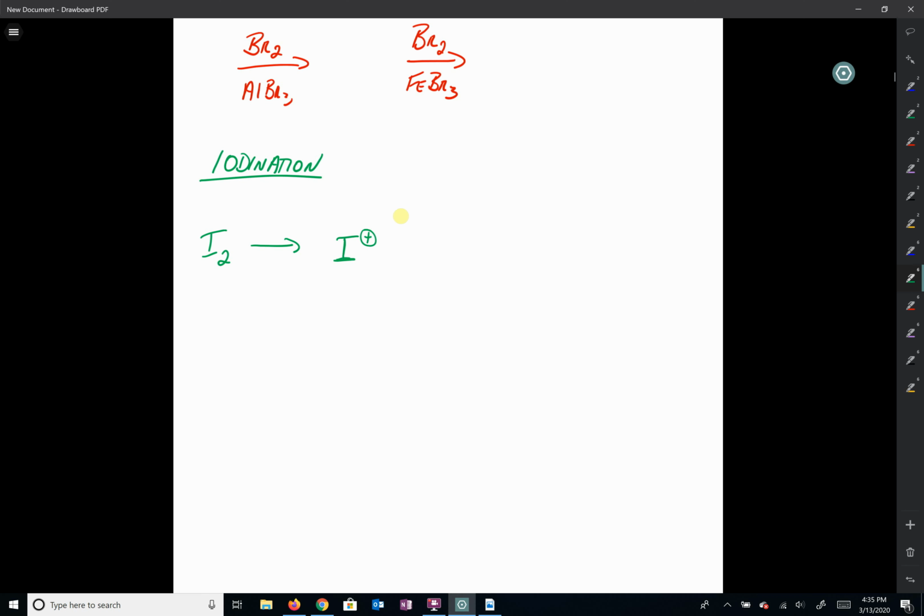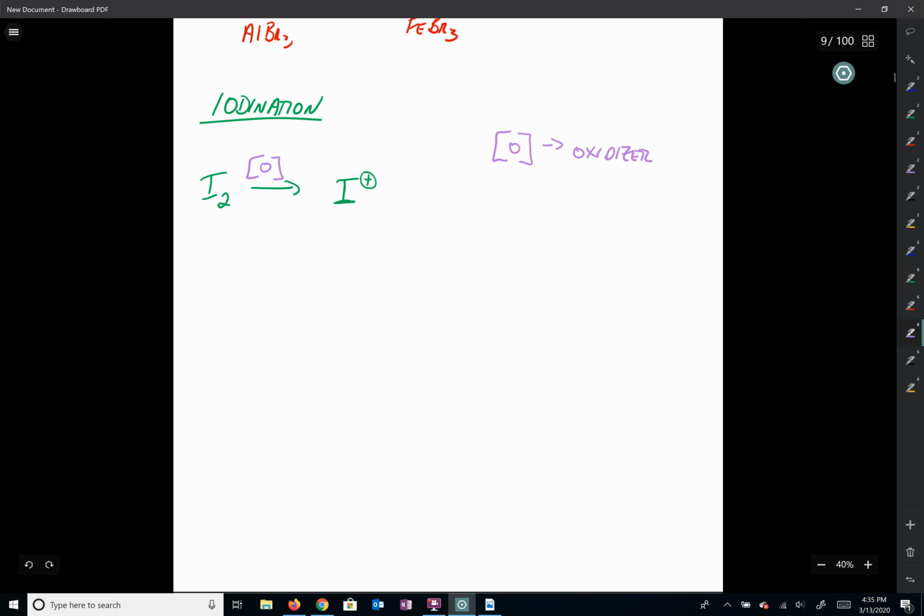But what we're going to need to do is typically add some kind of oxidant to it, some kind of oxidizer. There's a couple common ones. One setup is I2 over nitric acid. That'll be just fine. I2 over some kind of copper species.